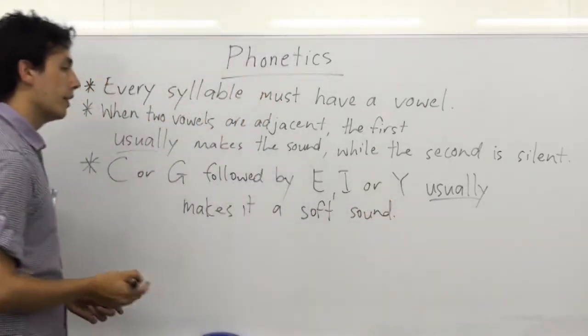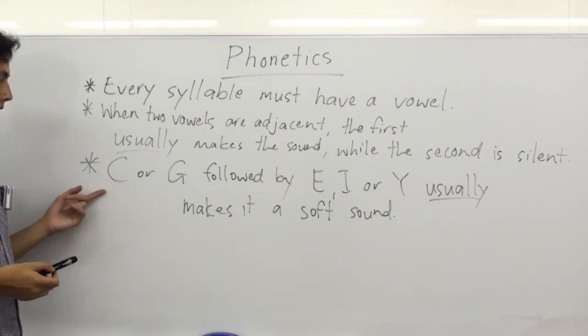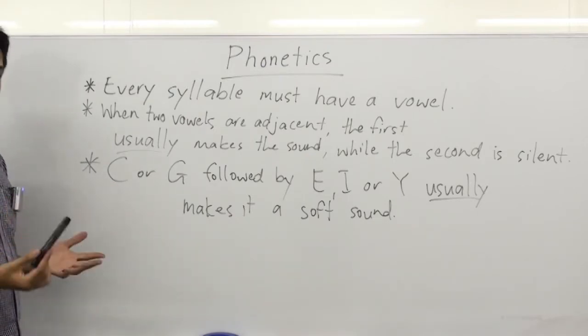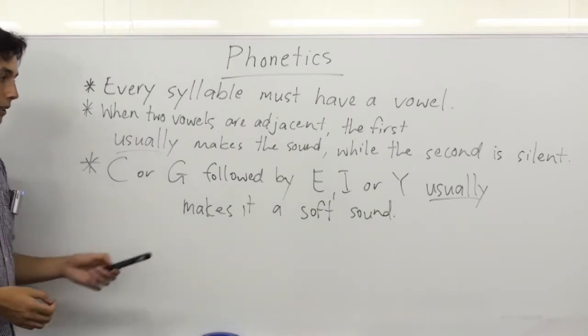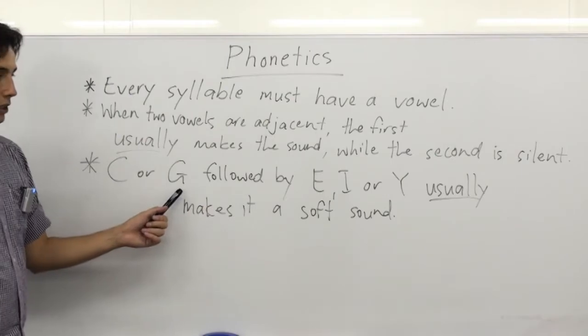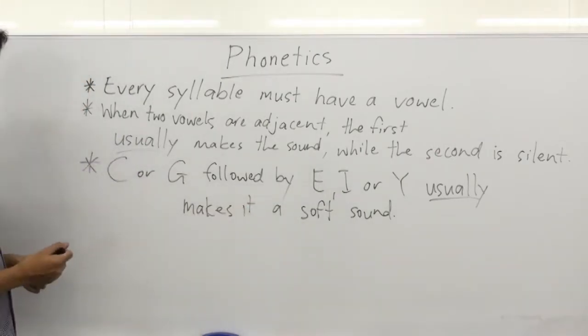And hopefully you remember we talked about soft sounds before. So C's soft sound is like S. G's soft sound is J. Okay, so when C or G is followed by E, I, or Y, it's usually a soft sound, S or J.